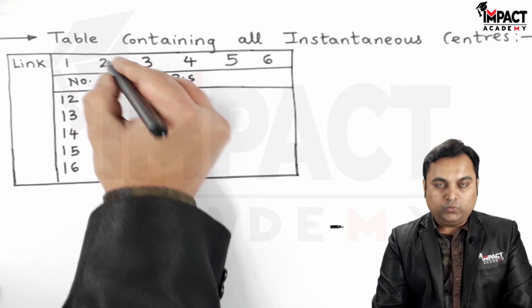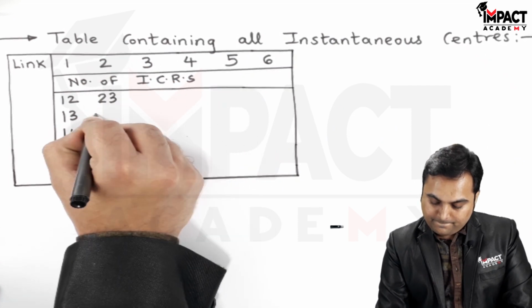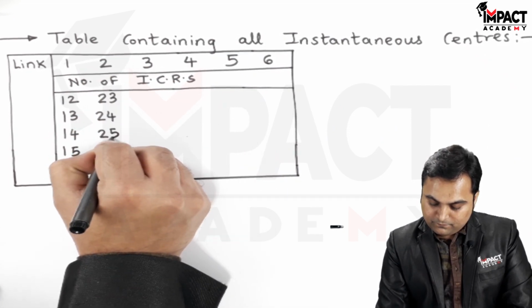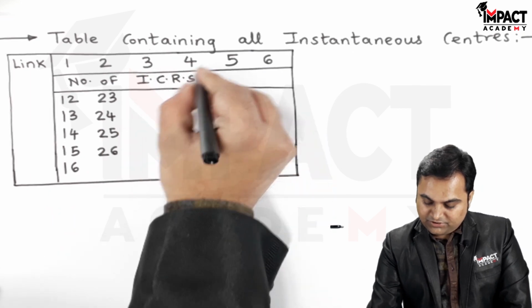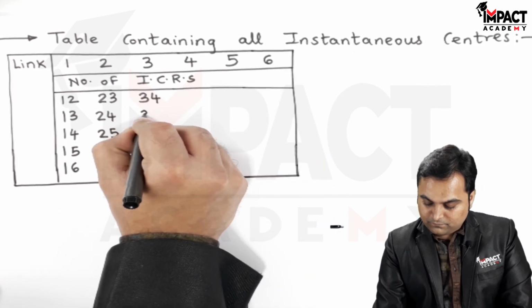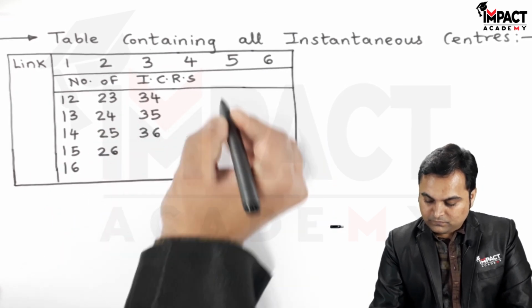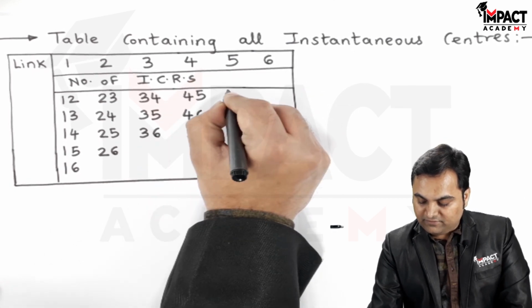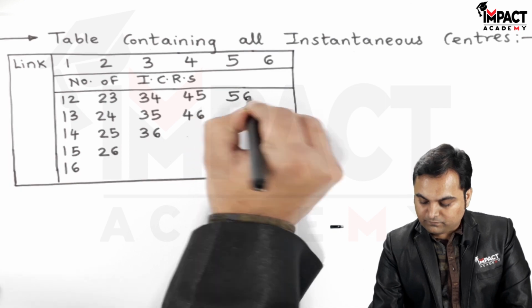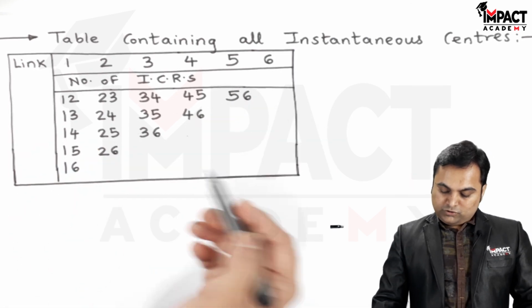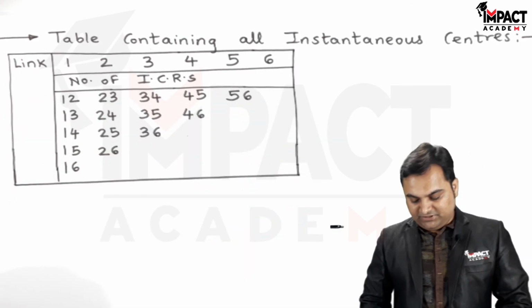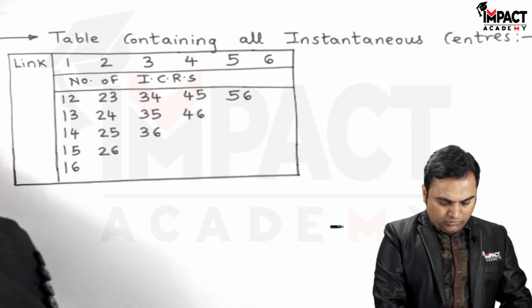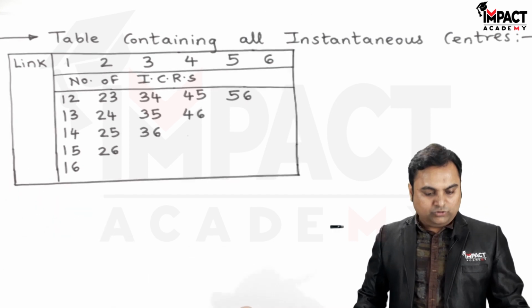Similarly with 2, then 3, next 4 and 5. So here are the 15 instantaneous centers, and now I would be locating them onto the diagram.